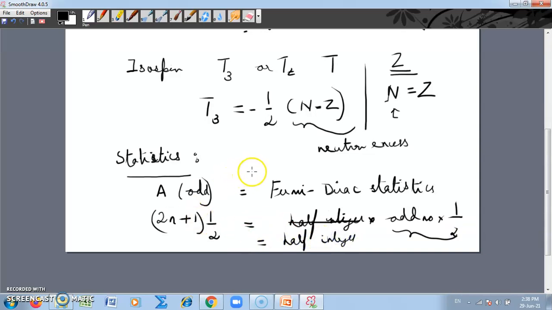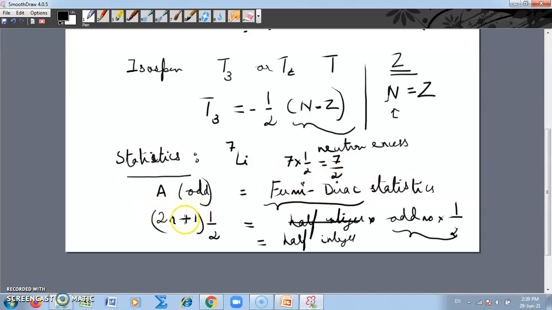Suppose I take lithium-7. In this case, the total number of neutrons and protons is 7. So 7 into half is equal to 7 by 2. So obviously it is a half integer, and so it is a Fermi particle. It is a fermion, and it obeys Fermi-Dirac statistics.